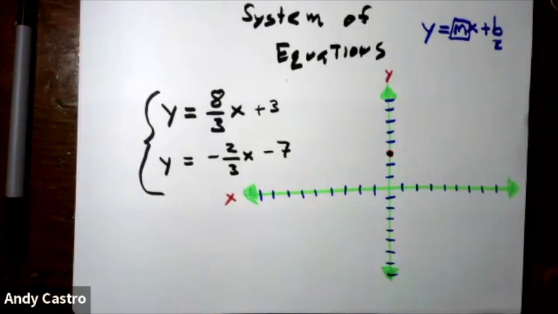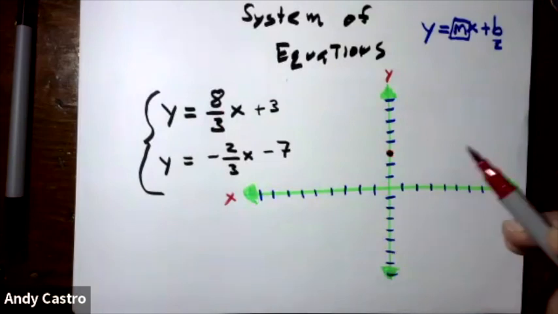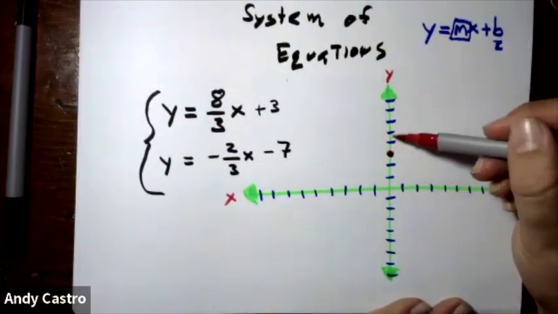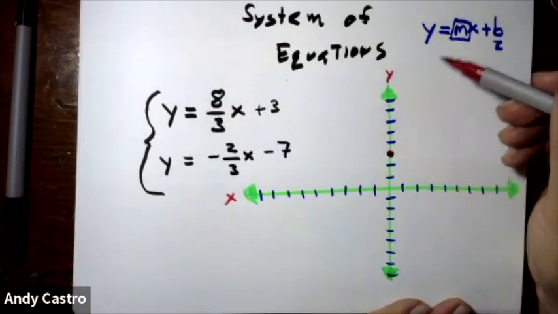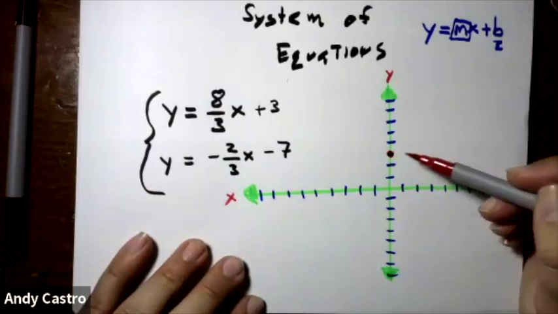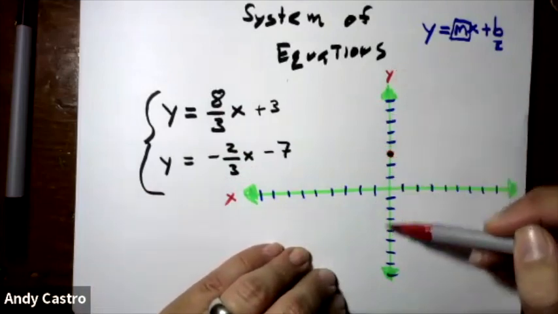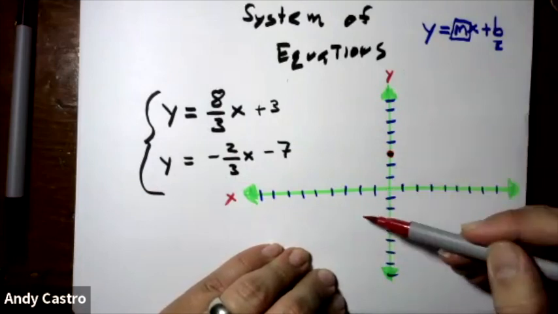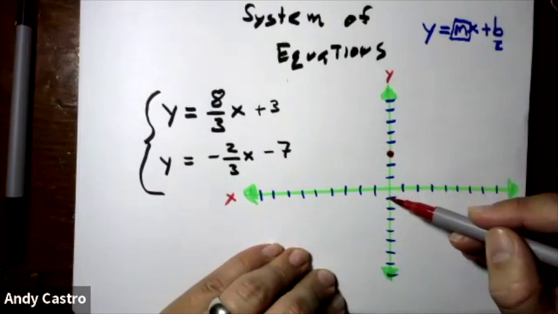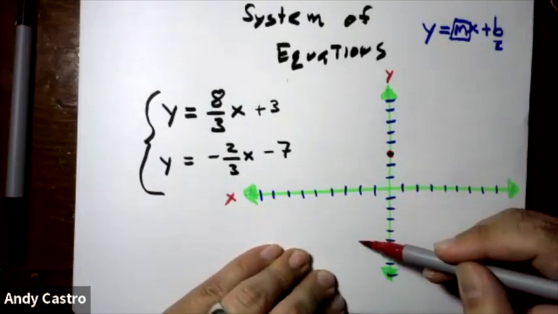Now we can look at the slope. Slope is defined as rise over run. We can go up 8 over 3, but that's going to put me way up here. So I'm going to go down 8 and to the left 3, because that's the same thing. If we go up 8 over 3, or down 8 to the left 3, that's going to create a straight line.